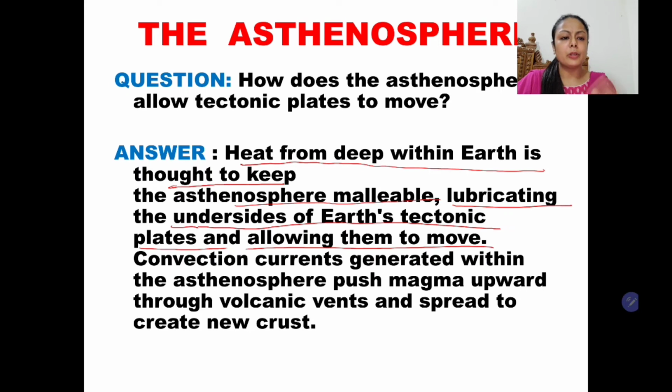So children, because of the extreme heat, convectional currents are generated and the asthenosphere remains malleable and lubricating. Because of these properties, it allows the lithosphere to float on it. Convectional currents generated within the asthenosphere push the magma upward through volcanic vents and spread to create new crust.